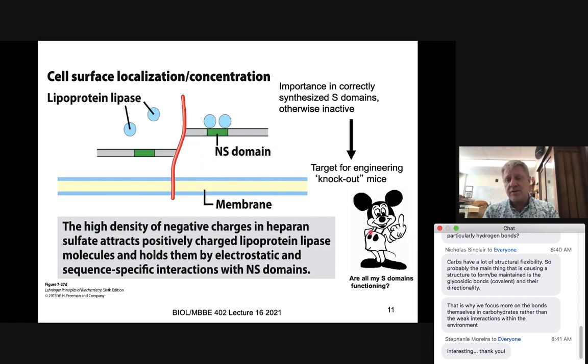The interesting thing is you might have heard about knockout mice, mice that have capacities to change the normal function and expression of proteins by targeting specific proteins and knocking them out. And how we actually knock those out is basically inactivating these NS domains.